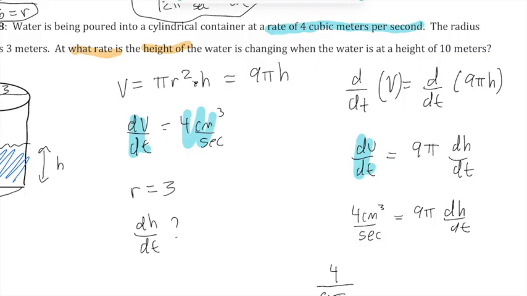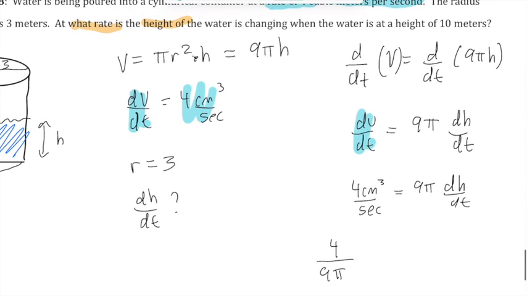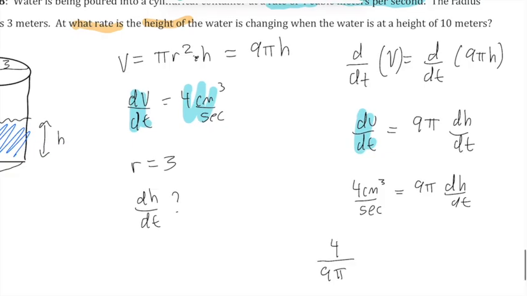Now our units. So what are our units? Let's go back and check what we did. This 9 was, remember, the 3 squared. So this is going to be in meters squared. So we have 4 cubic meters per second, and then on the bottom, the 9 was meters squared.